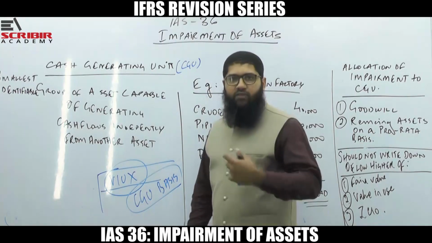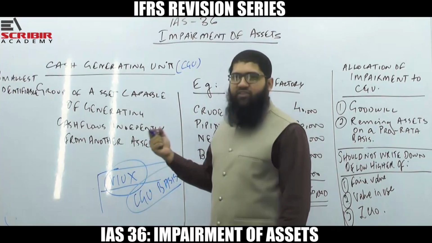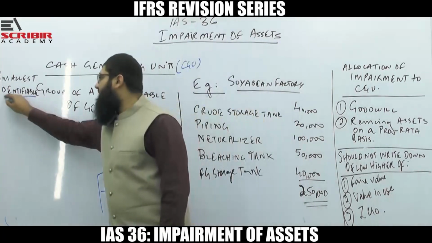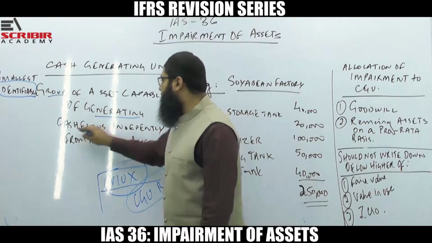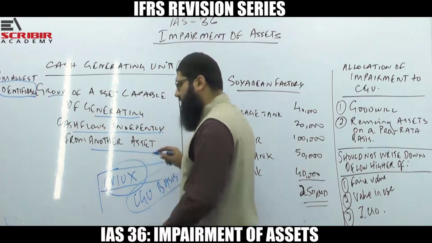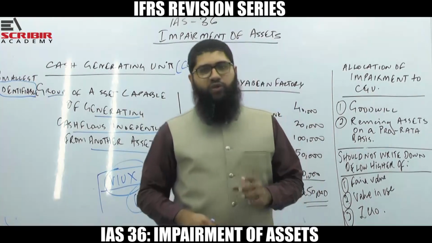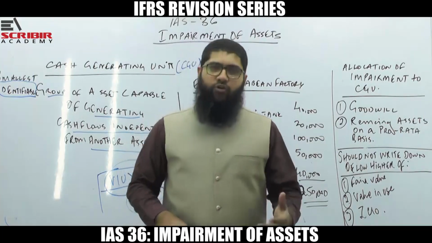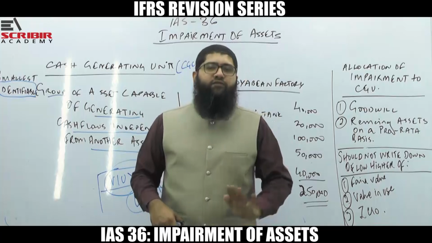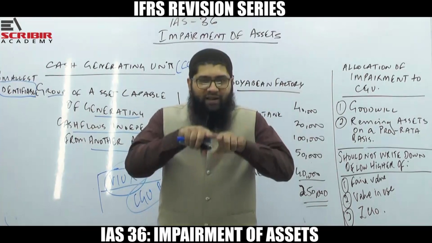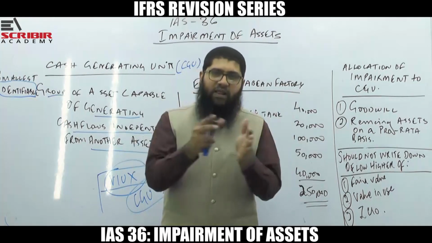It would mean that the CGU, or the cash generating unit, is the smallest identifiable group of assets which are capable of generating cash flows independently from another asset. I repeat, in case you are not able to establish the value in use of an asset because it does not generate cash flows independently from other assets, then you have to test that asset on the basis of CGU. That is, you have to make this asset part and parcel of the CGU.